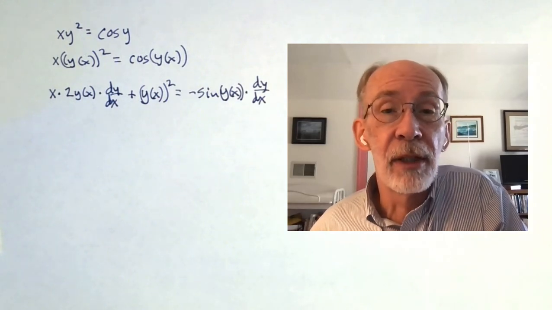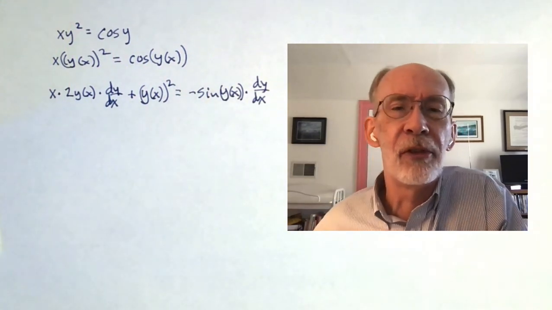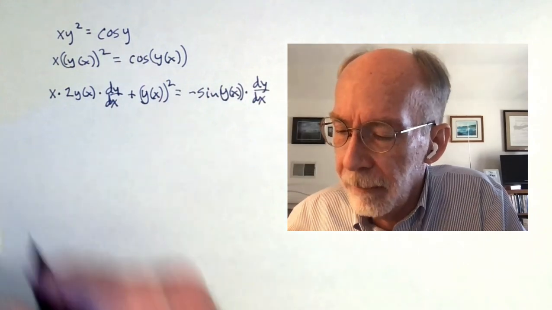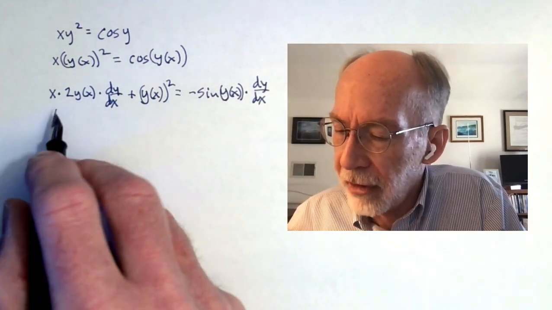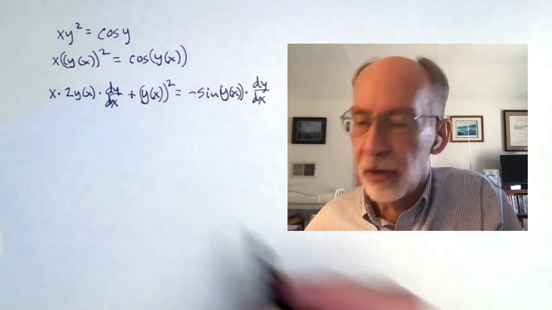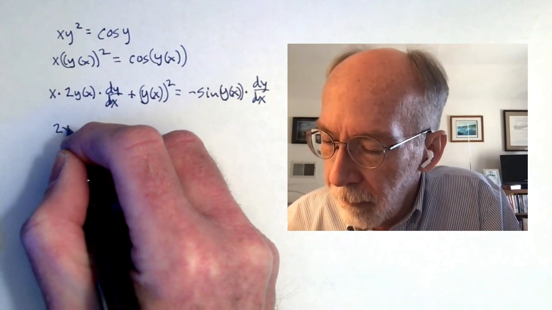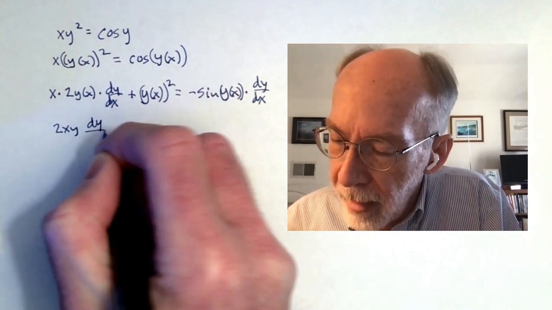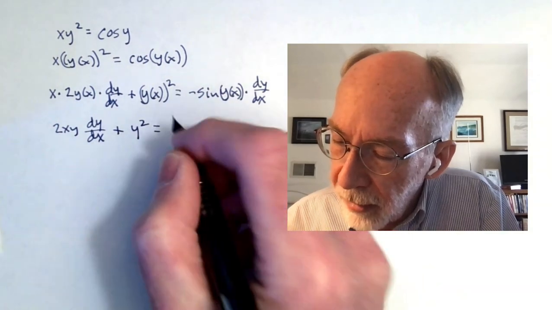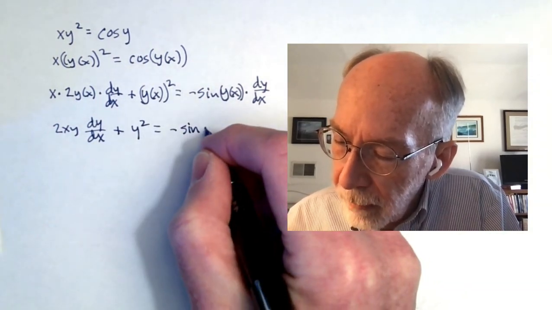Now all we have to do is solve for dy/dx. I'm going to make one pass where I just clean things up a little bit, and this isn't strictly necessary, but it's going to make the algebra a little more convenient. So I'm just going to go back to calling the y(x)'s y, now that that notation has served its purpose. So this is going to be 2xy dy/dx plus y squared equal to negative sine y times dy/dx.